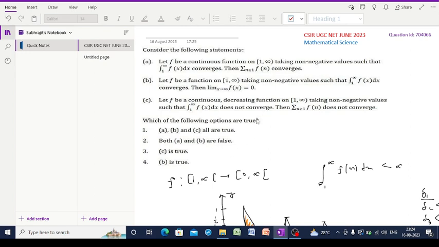Now look at option B. Here f is a function, f may not be continuous, it just says that f is a function from 1 to infinity to 0 to infinity because it takes non-negative values, and also given that integration 1 to infinity fx dx is convergent, then it says that limit x tends to infinity fx equals 0. Now again we are defining a function like that.